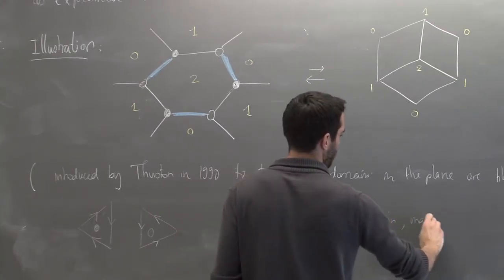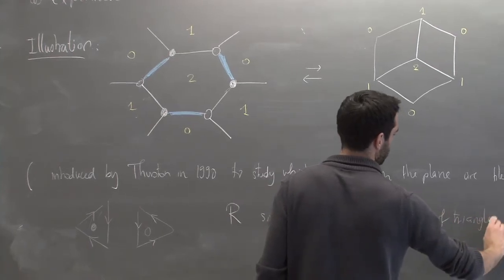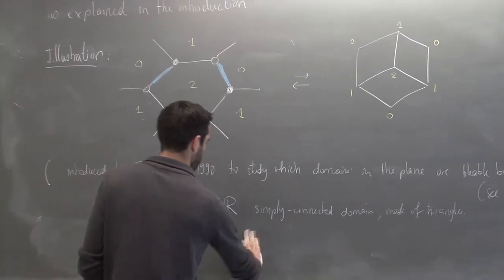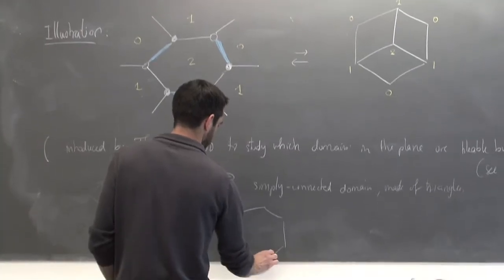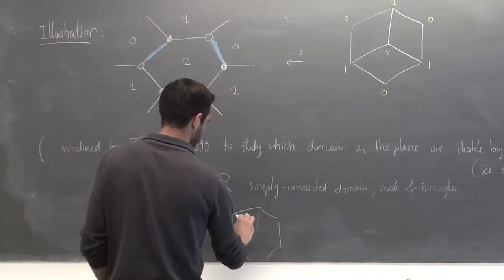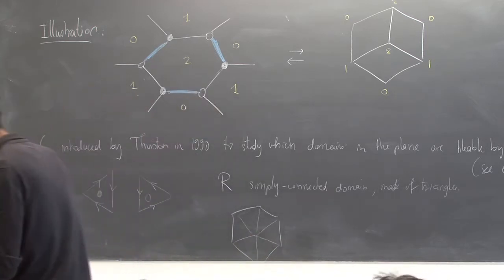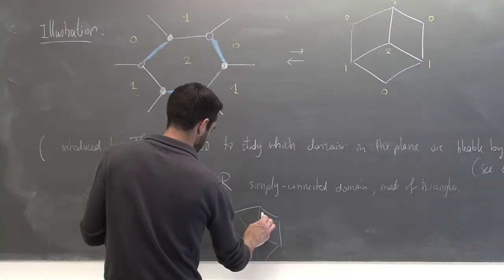Made of these triangles. And so let's say, I'll fix one. And let's say that this one is white, this one is black.